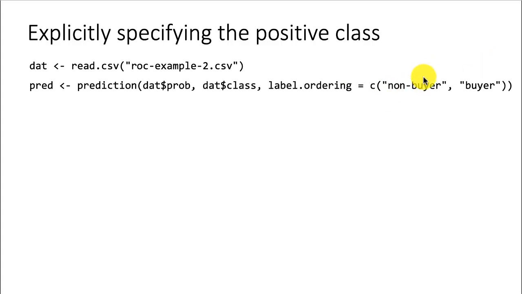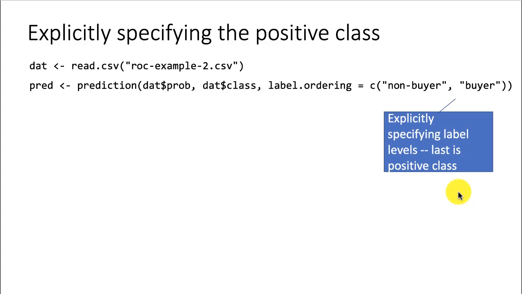By putting non-buyer first and buyer second, we tell the system that buyer is the positive class and non-buyer is the negative class. So you use the label.ordering argument and supply a vector in which the last item is the positive class.